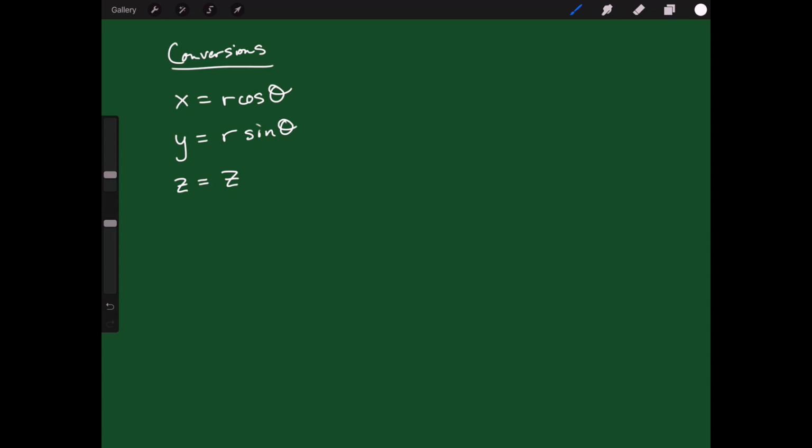And then if I'm trying to switch back into rectangular, things that are often helpful are that r squared is x squared plus y squared, and that tangent of theta is equal to y divided by x. So these five conversion formulas are going to be helpful to us as we try to do some cylindrical problems.